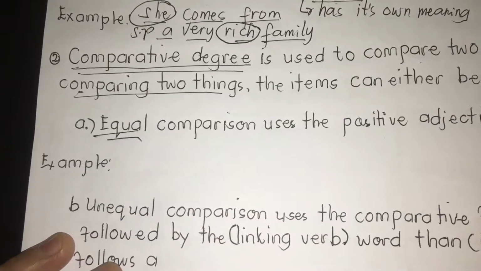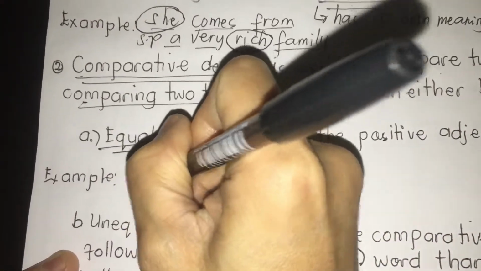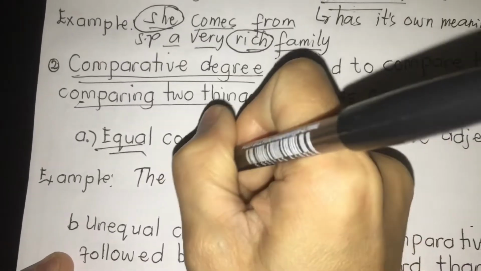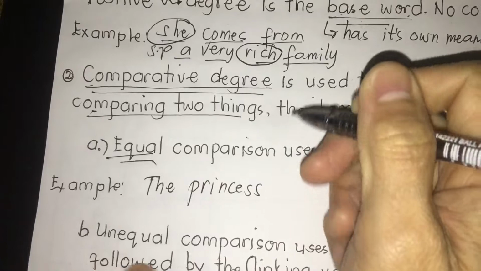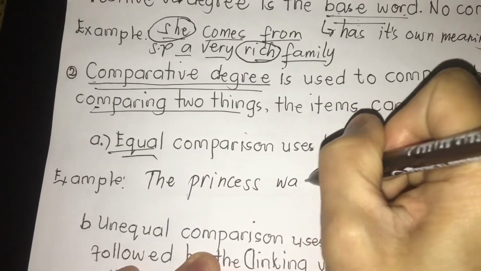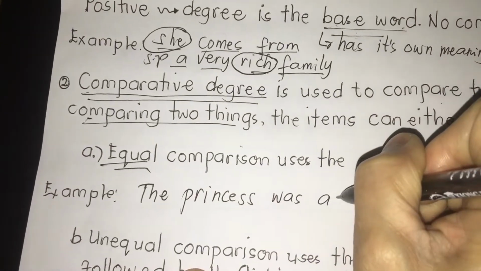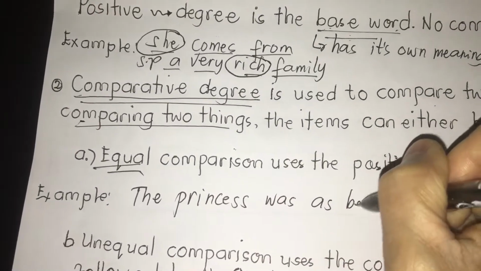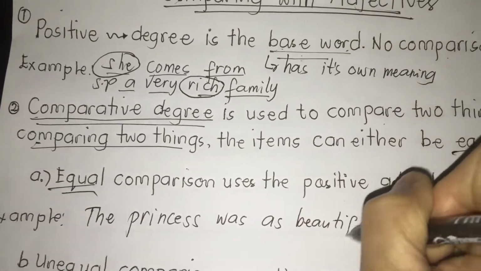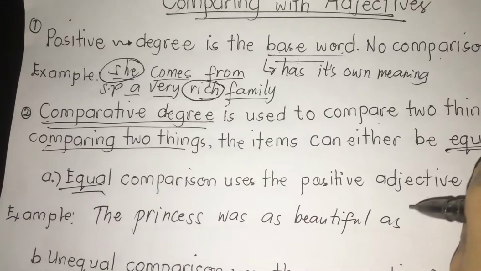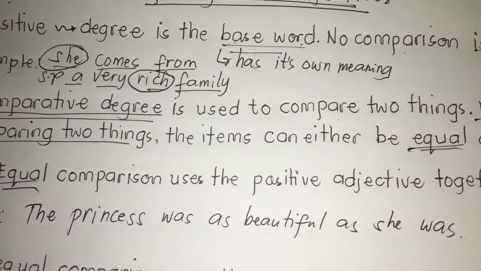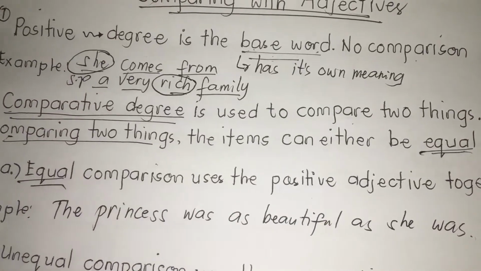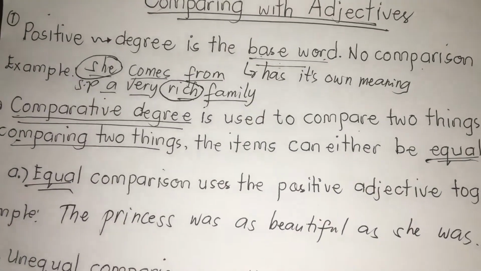So I'm going to write it here: the princess was as beautiful as she was. Okay, that's our example.